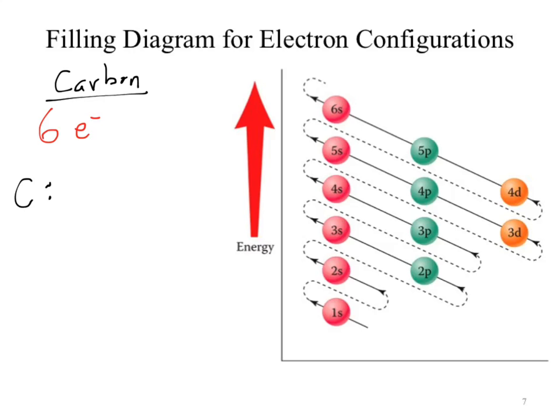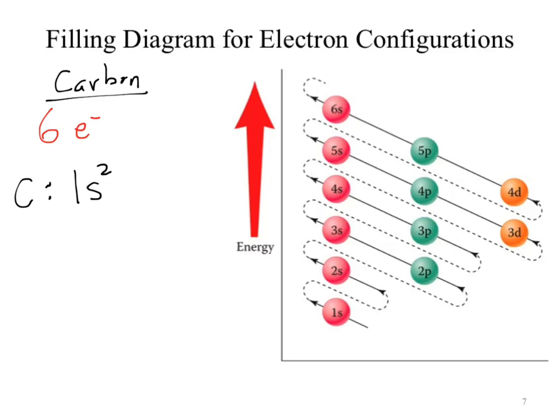So we now want to start putting electrons into our carbon. Where do we put our first electron? The lowest energy first. Our lowest energy was 1s. Okay, how many electrons can go into the 1s? 2 electrons. So we can do 1s2. Have we accounted for all 6 electrons?